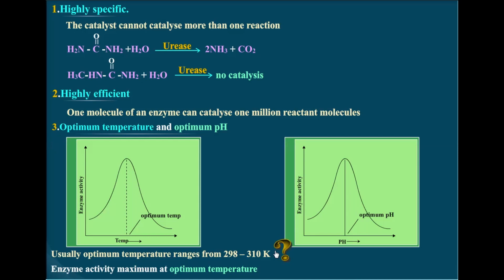Similarly, enzymes are highly active at optimum pH also. The rate of an enzyme catalyzed reaction is maximum at a particular pH called the optimum pH, which is between pH values 5 to 7, also suited to our body. Enzyme activity is maximum at optimum pH.